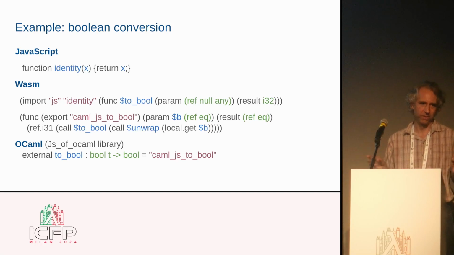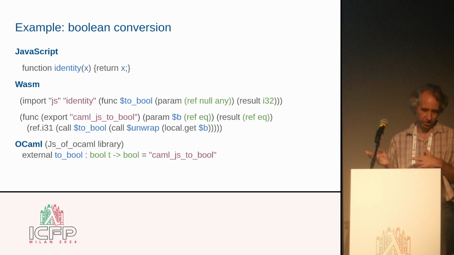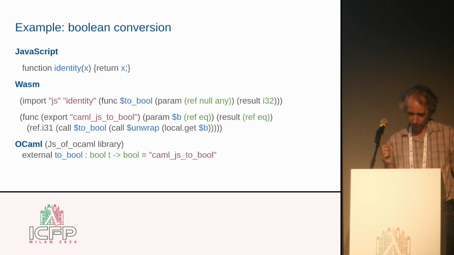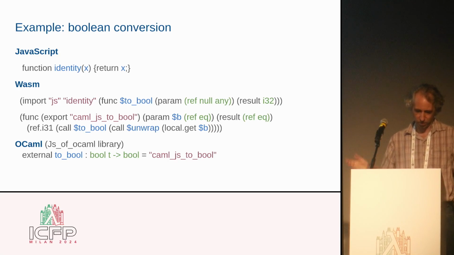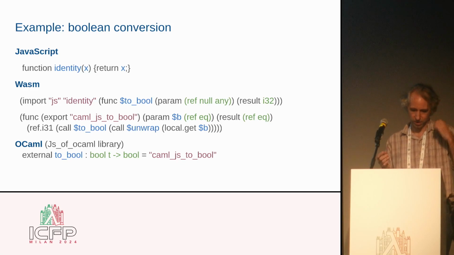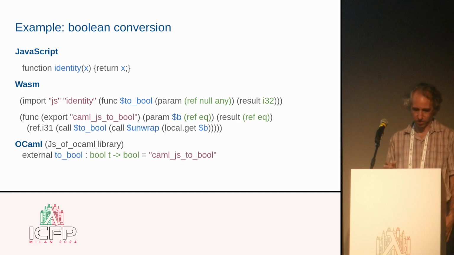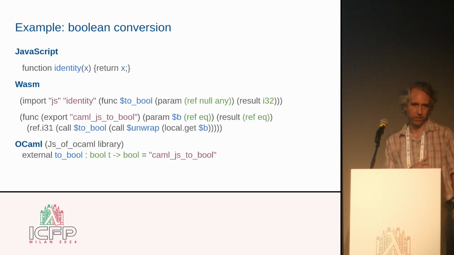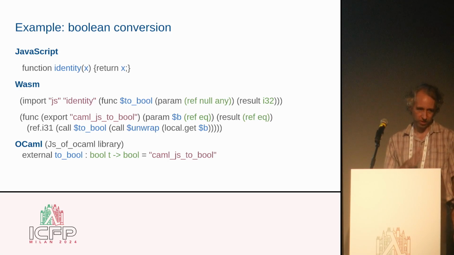And the semantics is that it converts the JavaScript value into an integer. And for a boolean, it's just 0 or 1, and that's exactly what you want. And so the primitive is implemented by unboxing the JavaScript value, calling the conversion function, and then turning the integer into a 31-bit integer.